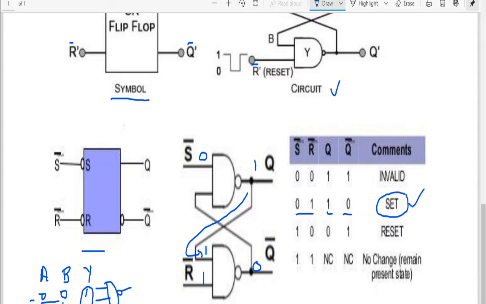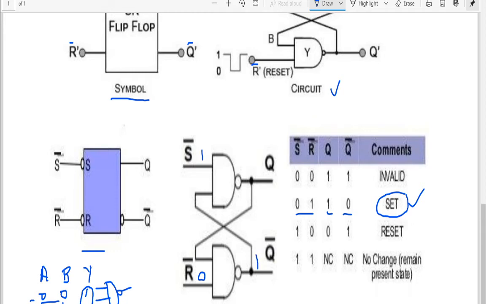Okay, now let us move on to understand the next state of the truth table. That is when S is equal to 1 and R is equal to 0. At that time you can see here that as R bar is 0, we are going to have Q bar as 1.